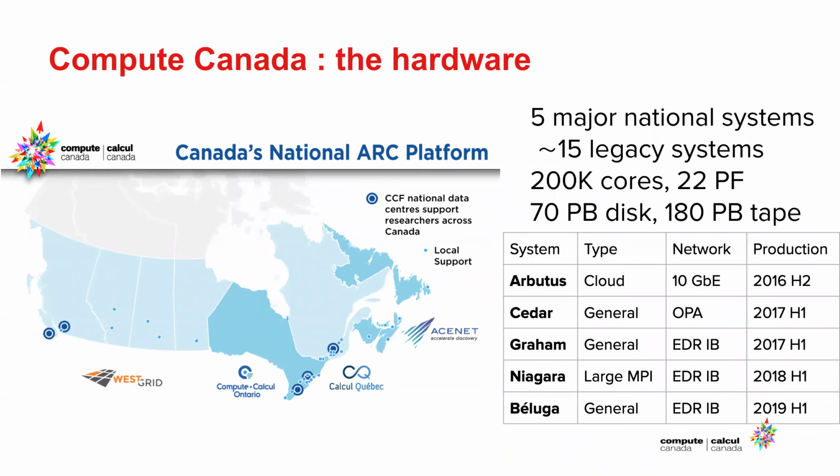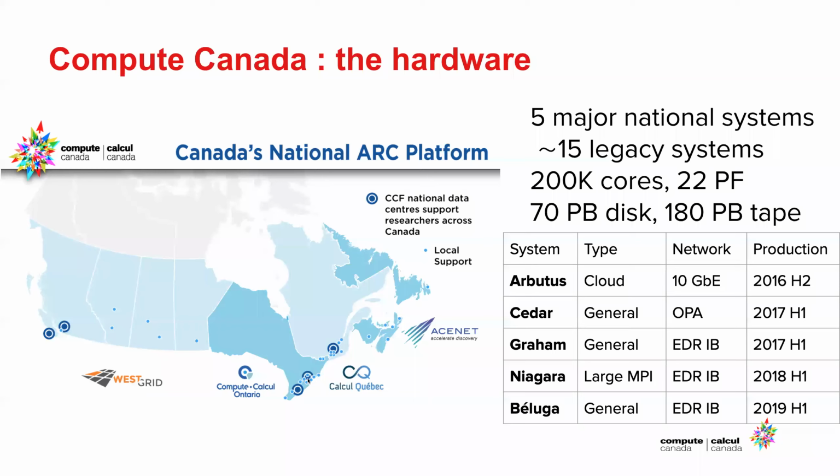In terms of infrastructure, we have 5 major national systems that were deployed in the past 3 years, I believe. So Arbutus, which is a cloud, which is based in Victoria, it was deployed in 2016. Cedar, which is a general purpose cluster with an Intel OmniPath network, GPUs, Intel Haswell and Skylake CPUs.